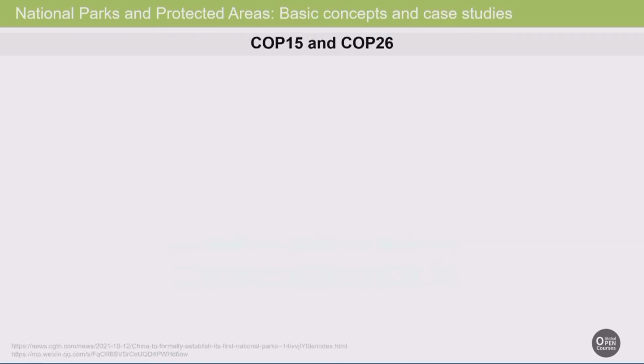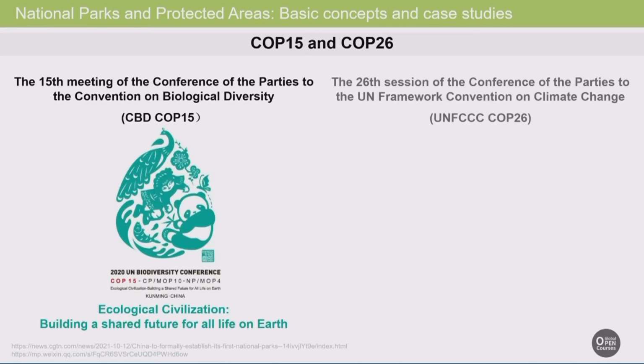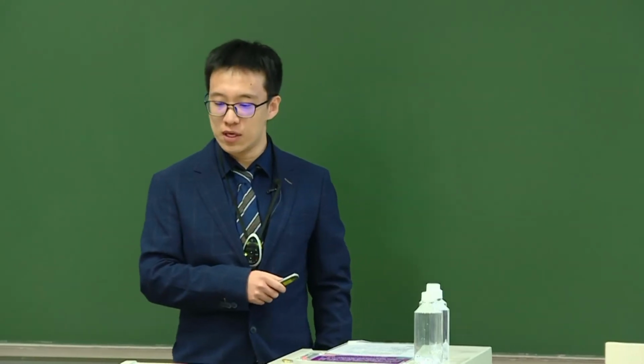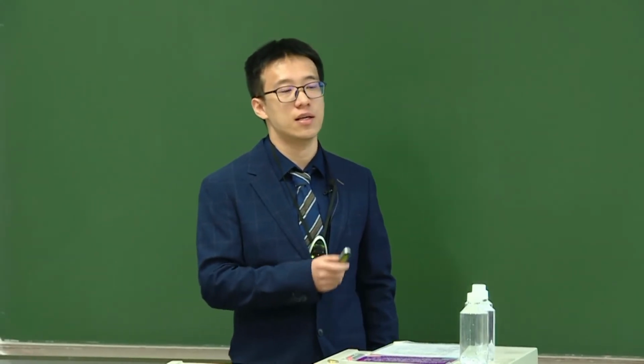So how to deal with this crisis? We have two very important conferences in human history. I think it's a milestone this year. It's a very big year for nature conservation. We have COP15 and COP26. COP15 is about biodiversity conservation. It took place in China last month.